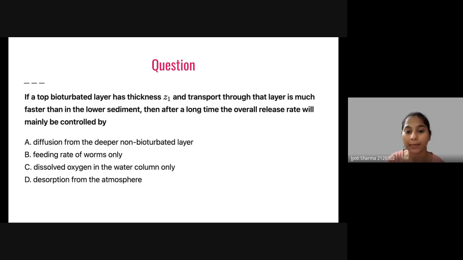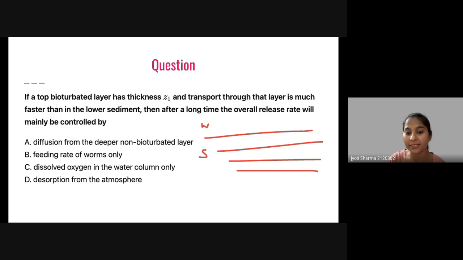So see, if this is your interface, you have water and you have the sediment part here, and in the sediment part at different distances you may have one layer, a bioturbated layer, and another layer may be your diffusive layer.